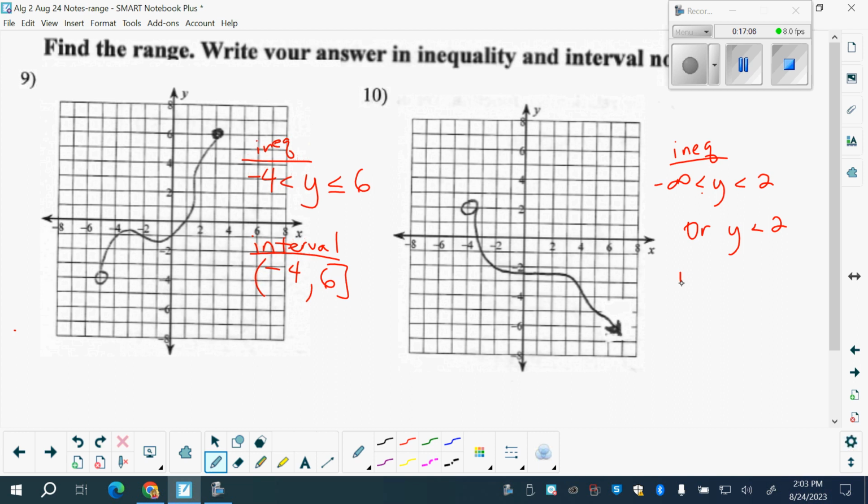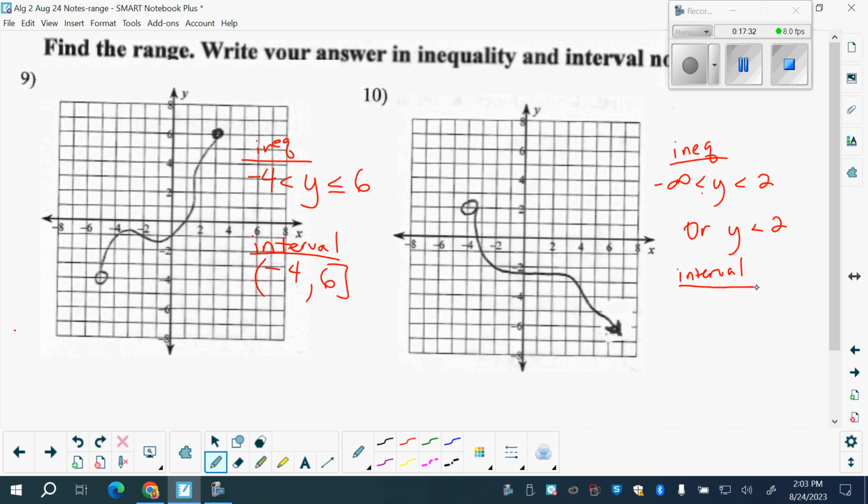So what would that be for the interval notation? Negative. So let's see if somebody can listen over here. Negative infinity, 2. Good, and remember we have to put the smaller on the left. So which is smaller, negative infinity or 2? Negative infinity.